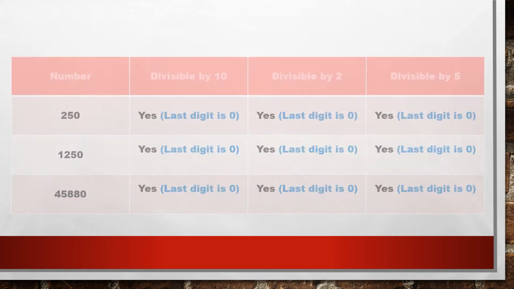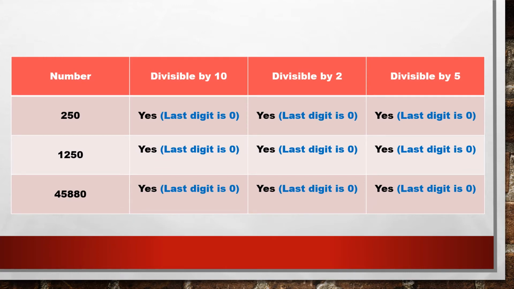So we'll check whether these numbers are divisible by 2 and 5 or not. The divisibility rule for 2 is that the last digit should be 0, 2, 4, 6, or 8. If the last digit is 0, then it is divisible by 2. For 5, if the last digit is 0 or 5, it is divisible by 5. For 10, the last digit will be 0.